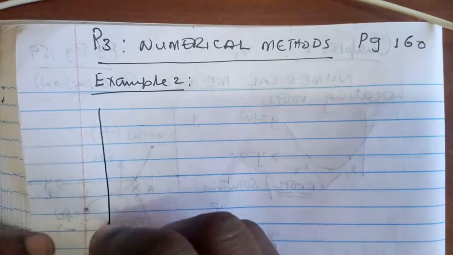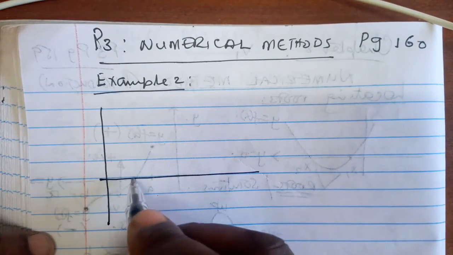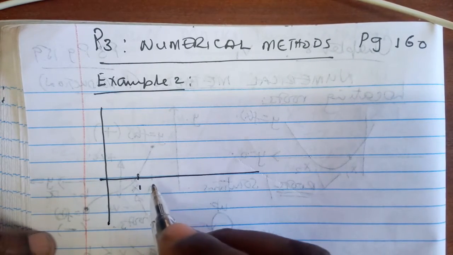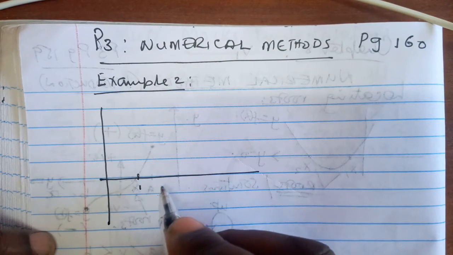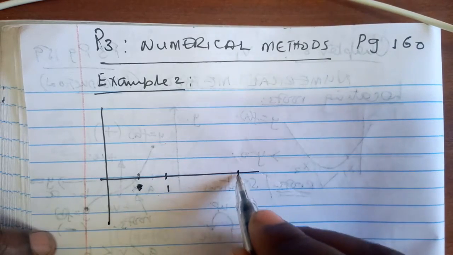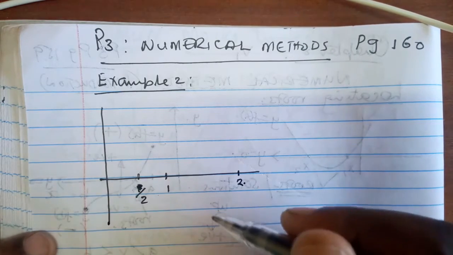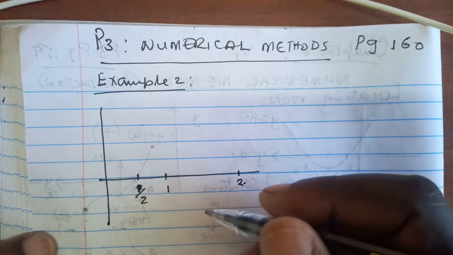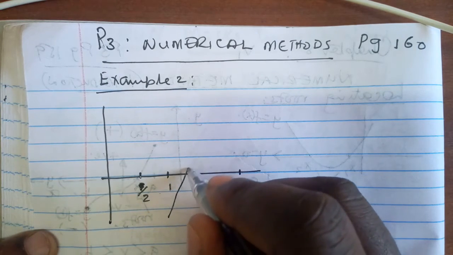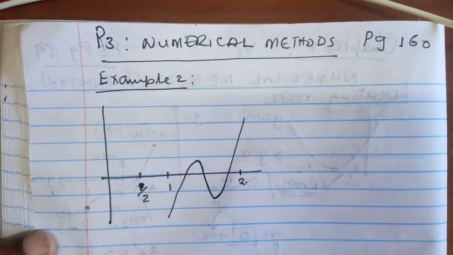Let's just put the diagram here so that we can see what we are talking about. I want to make it larger. This is 1 and this is 2. This could be half, this could be 1.5, so that we may have a graph that looks something like that.